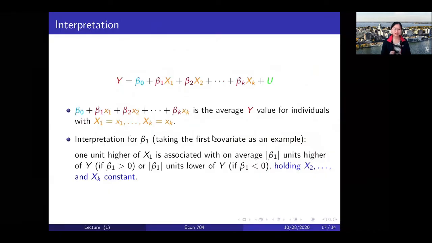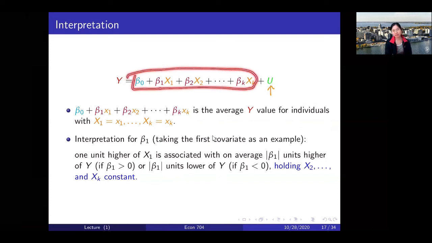So how do you interpret the quantities in this regression? How do you interpret U? U is by definition the difference between y and its conditional mean given x1 to xk. So that would be the interpretation of U. And what about the interpretation for this observable part?